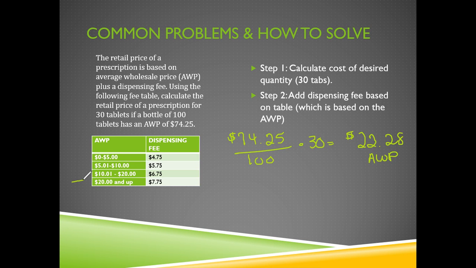My AWP falls in the $20 and up range, so this will give me a dispensing fee of $7.75. So I have 22.28 plus $7.75, and that's going to be my retail price. I get $30.02, or actually I get $30.03 as my retail selling price.